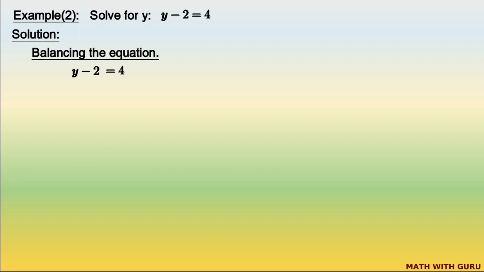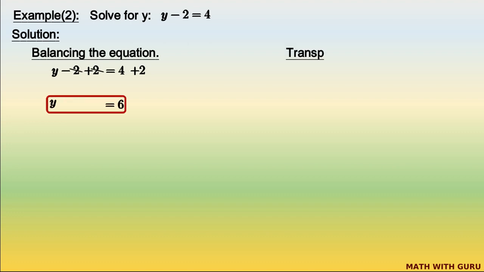We need to get rid of minus 2 on the left hand side. To do that, we add 2 to both the sides. Minus 2 and plus 2, they get cancelled. Y equals 6.